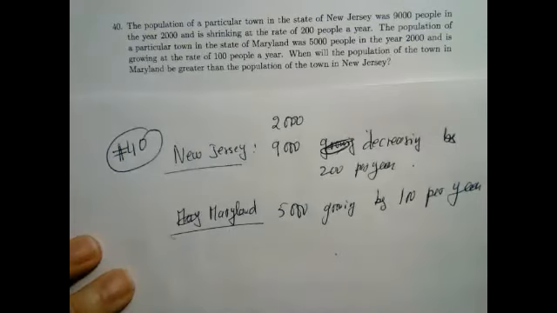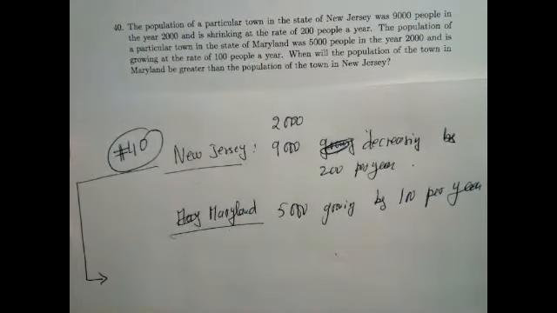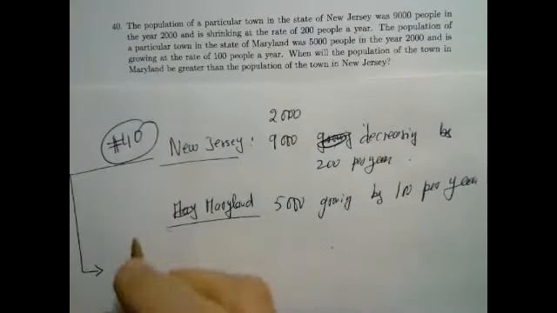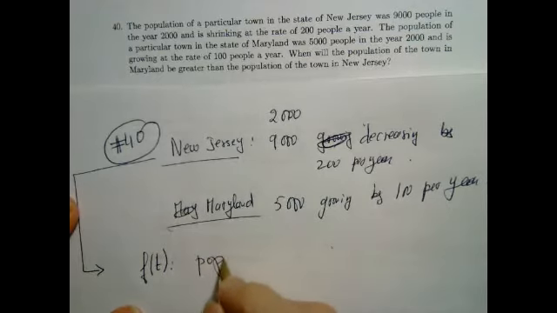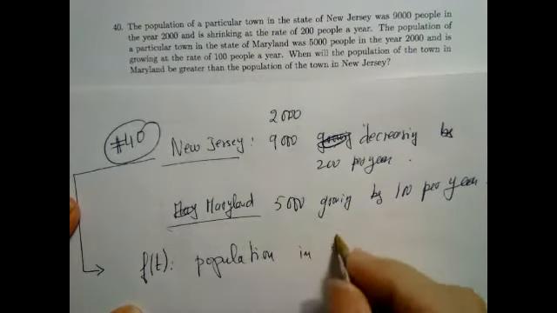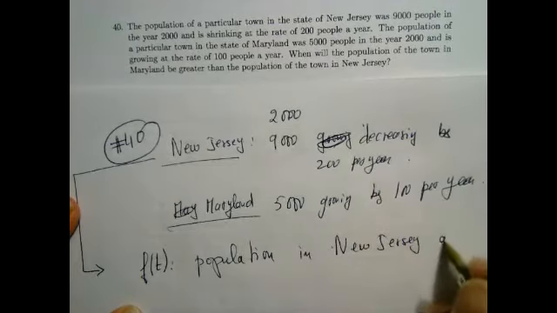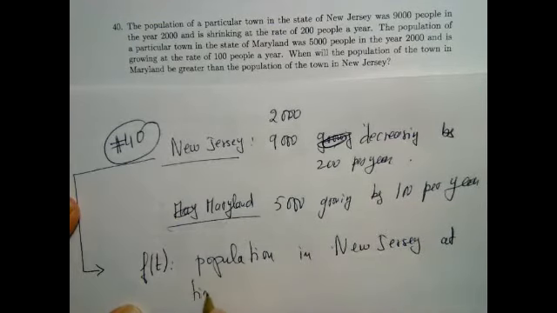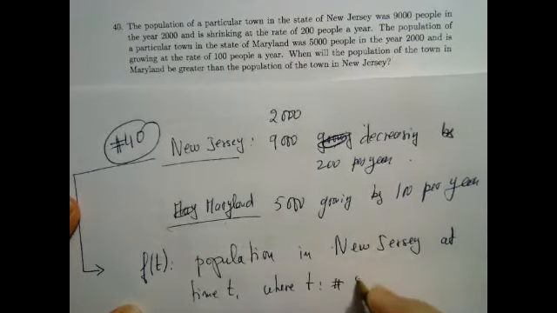Okay, let's think a little bit. Let us find a formula for the population in New Jersey. Is it easy or hard? So we're going to call f of t the population in New Jersey at time t, where t is the number of years after 2000.